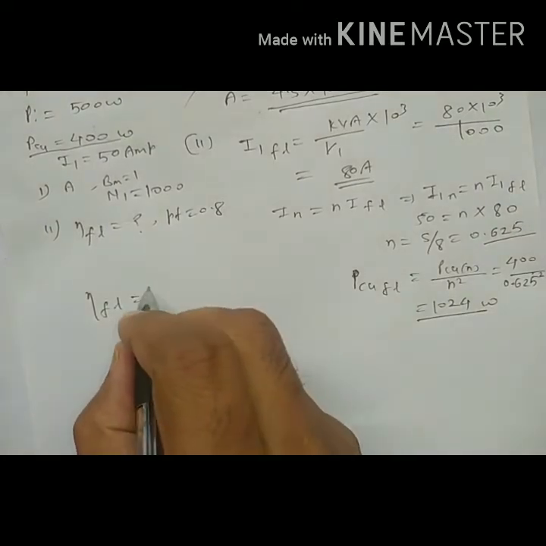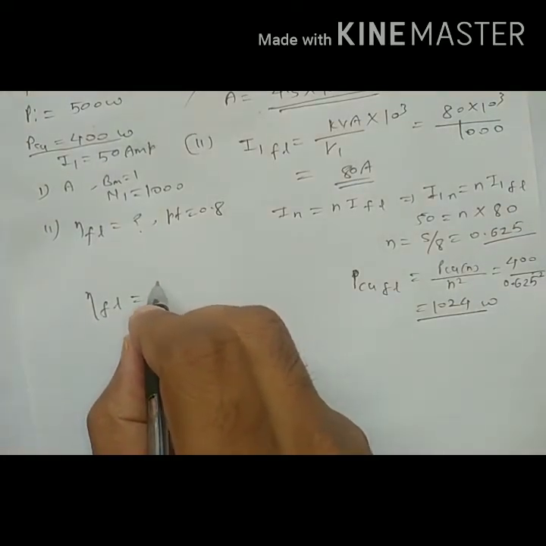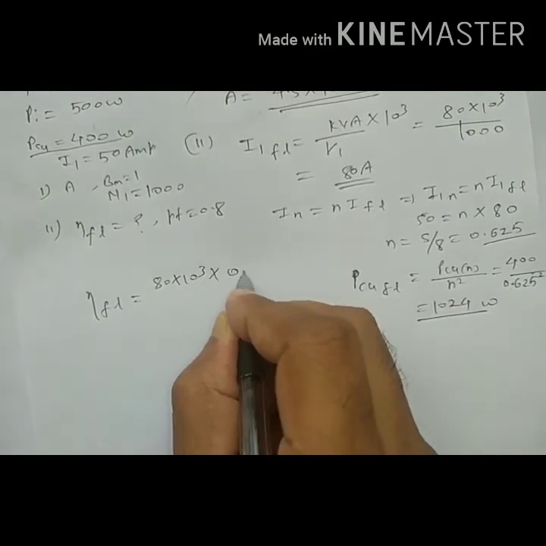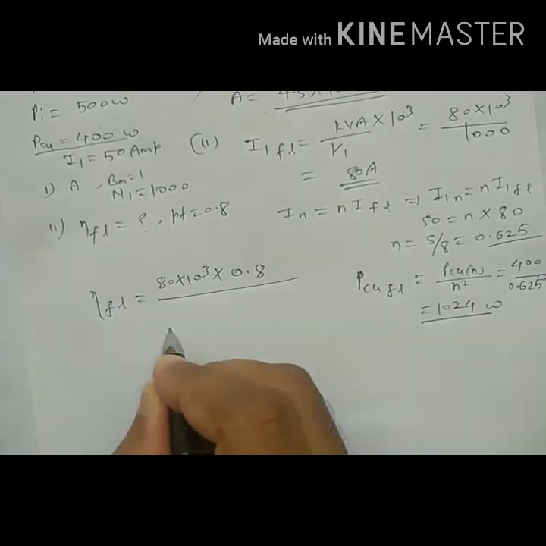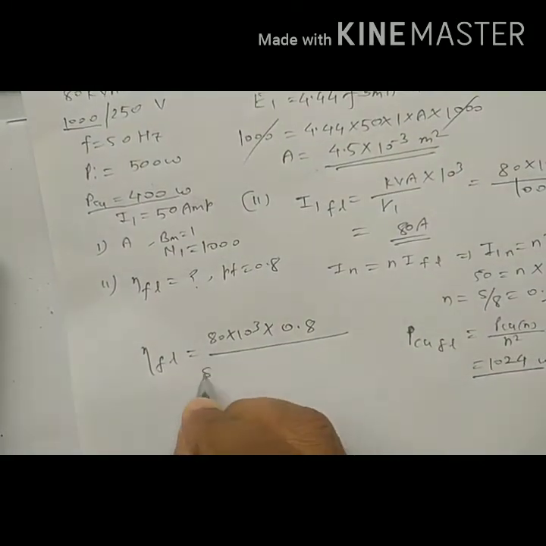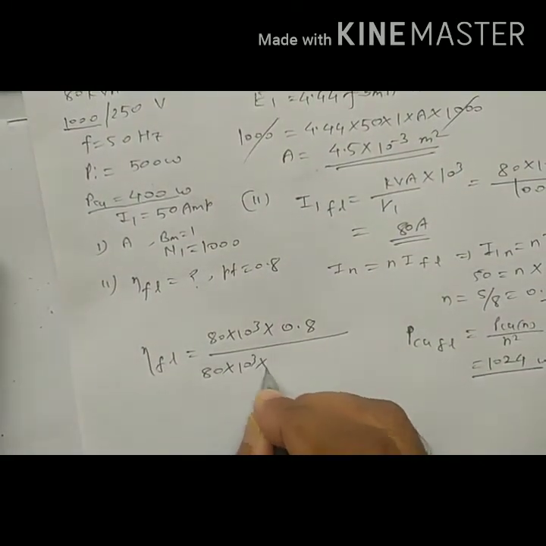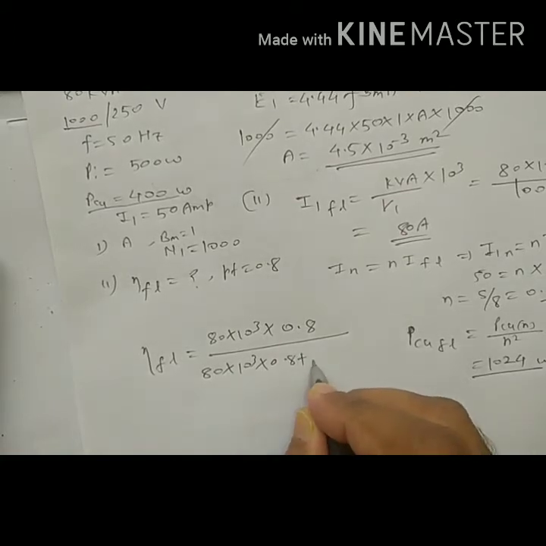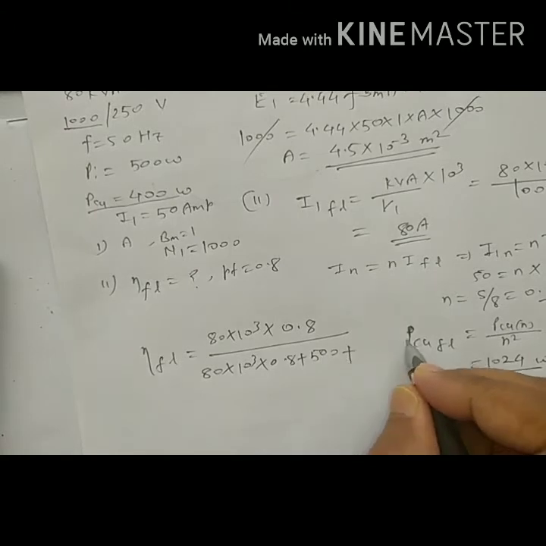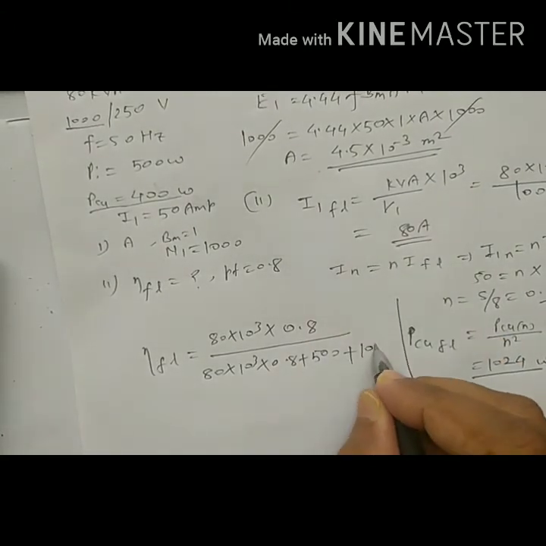Therefore efficiency: kVA is 80 into 10 power 3 into power factor divided by 80 into 10 power 3 into 0.8 plus iron loss, which is fixed 500, plus copper loss, just now 1024.